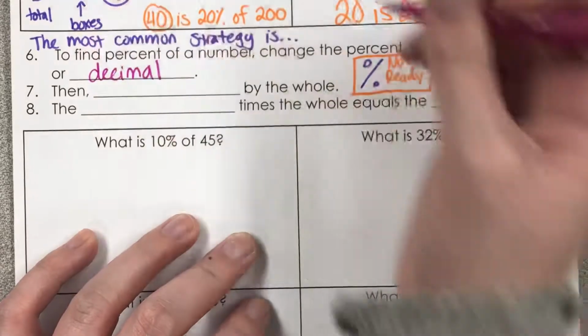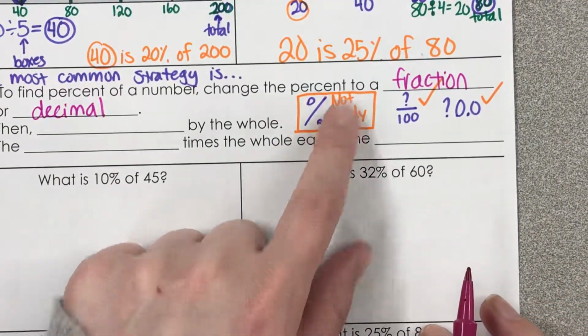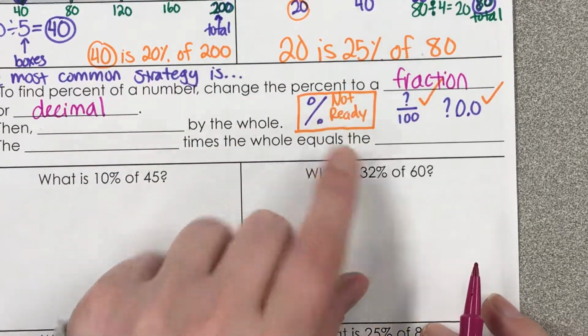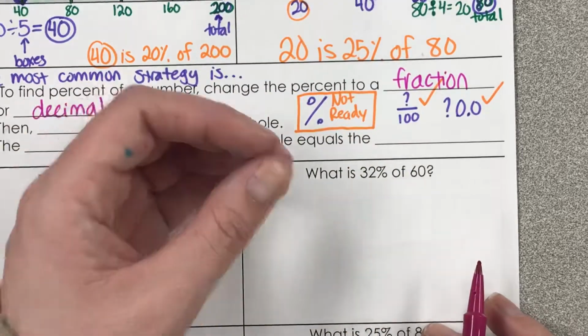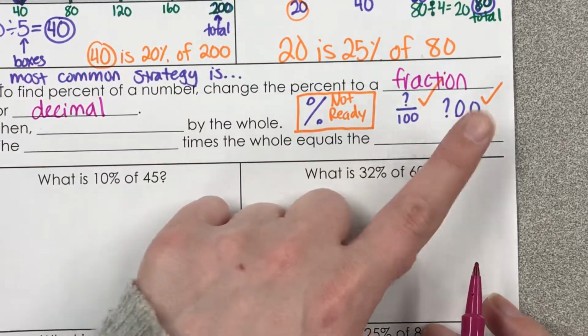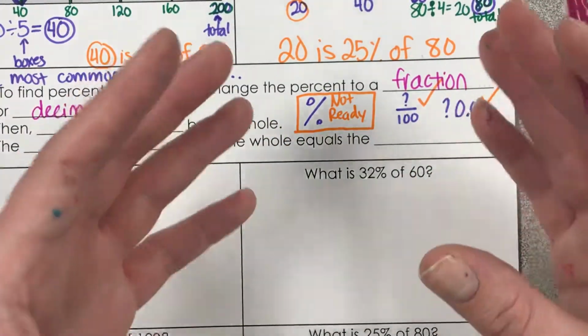Now, I want to take a minute and explain why. If you see a number like this one up here, 25%, or this one, 20%, if it has the percent symbol, it's not ready to do actual math work. It needs to be represented in a fraction form or a decimal form. It's kind of like when you wear special clothes to play sports.